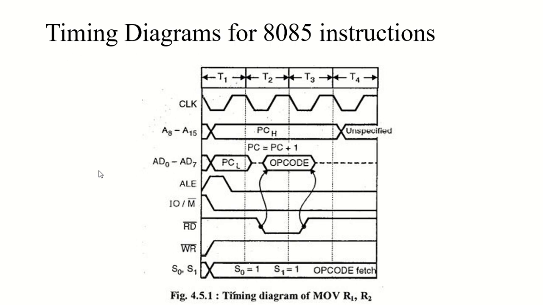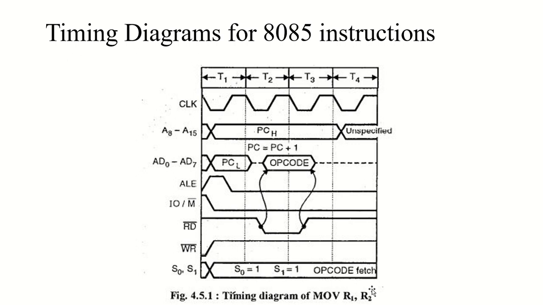I may have to use opcode fetch, memory read, depending on whatever requirement my instruction has. So let's first see this one instruction, MOV R1, R2, which says the content of R2 is going to be moved into the R1 register.